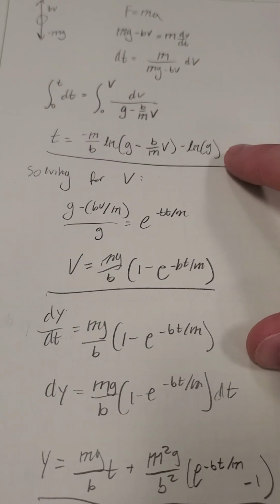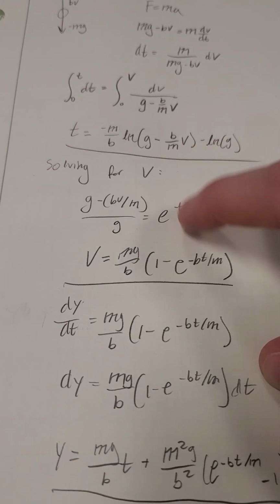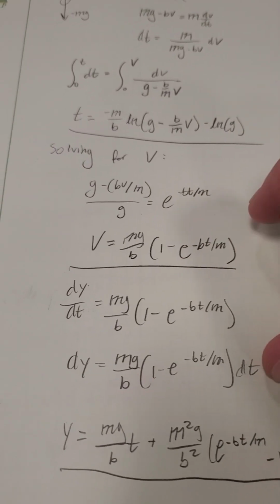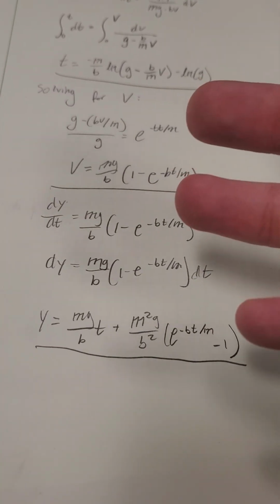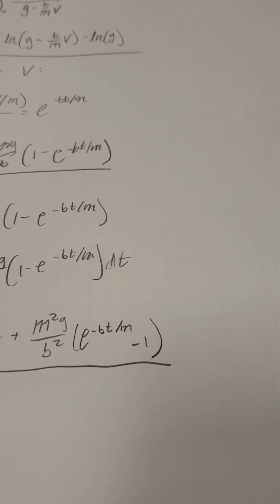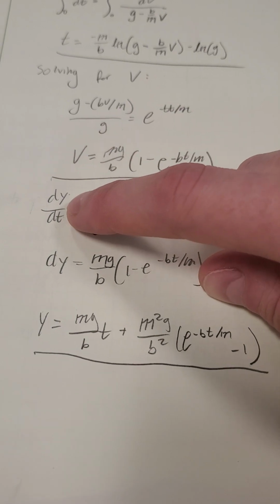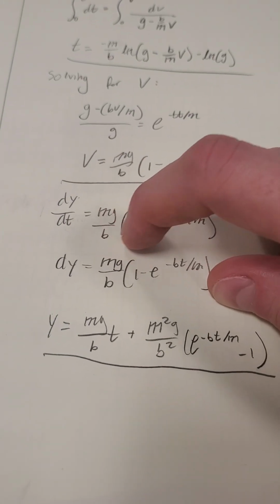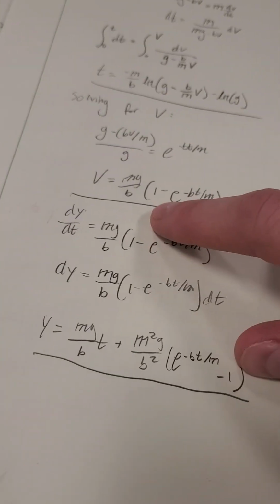As far as this goes, I actually ended up just solving for velocity. So I solved for velocity, and then I actually just integrated this again to give me the position, because position is the integral of velocity. Velocity is the derivative of position. So I actually just changed the v to dy dt, which is the y distance.